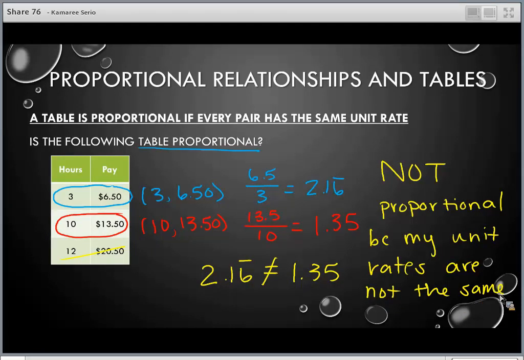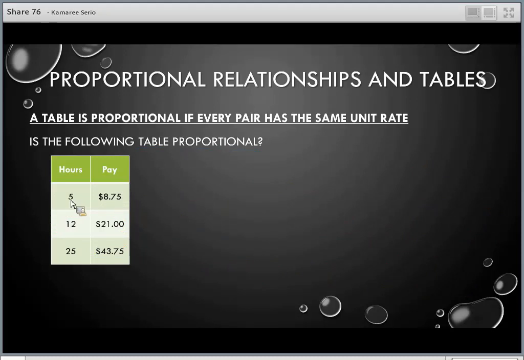Okay, so for a table to be proportional, the unit rates have to be the same. So it's not proportional.